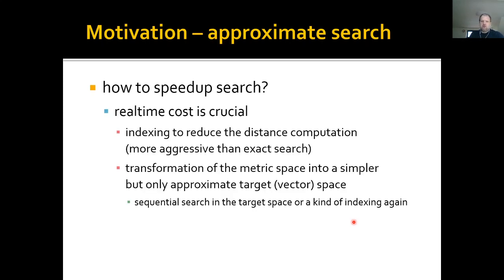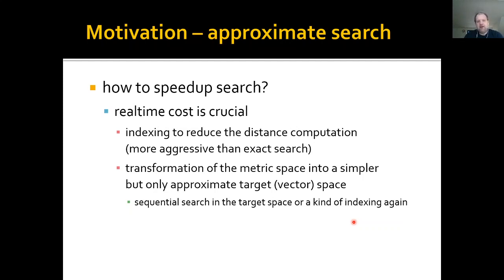Okay, and we have the approximate definitions, and now how to speed up the search. Speeding up search means, of course, we reduce the real time to finish the query, and in consequence, in the sense of the previous lecture, this also means that we reduce the number of distance computations.